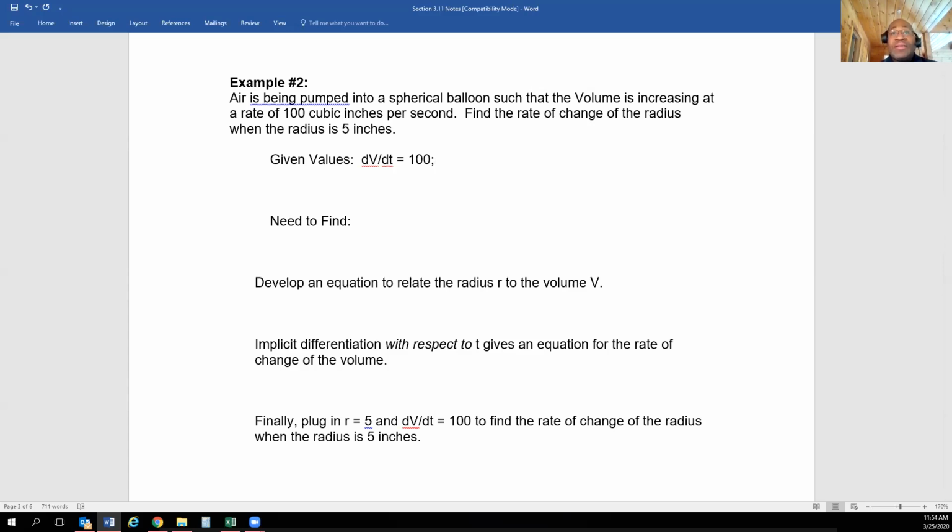We want to find the rate of change of the radius when the radius is 5 inches. So they give us the radius value, which is equal to 5 inches. And we want to find the rate of change of the radius, which in this case would be dr/dt. All right, so let's go back to the other screen.